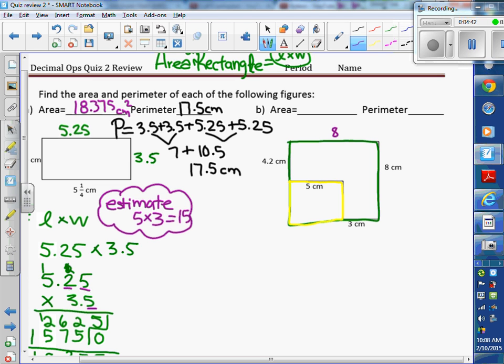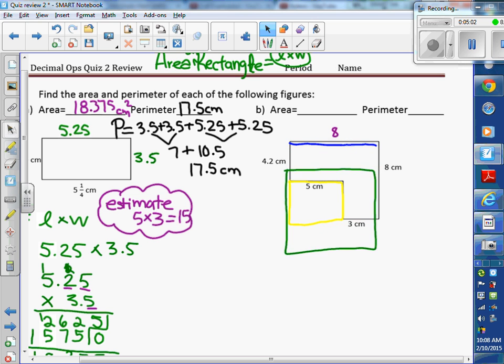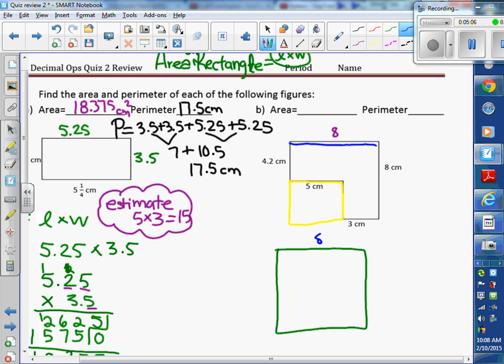This is 8 because this is 5 from here to here, and this is 3 from here to here. So together, 5 plus 3 make 8. So that green rectangle has an area of 8 by 8, which is 64 square centimeters.